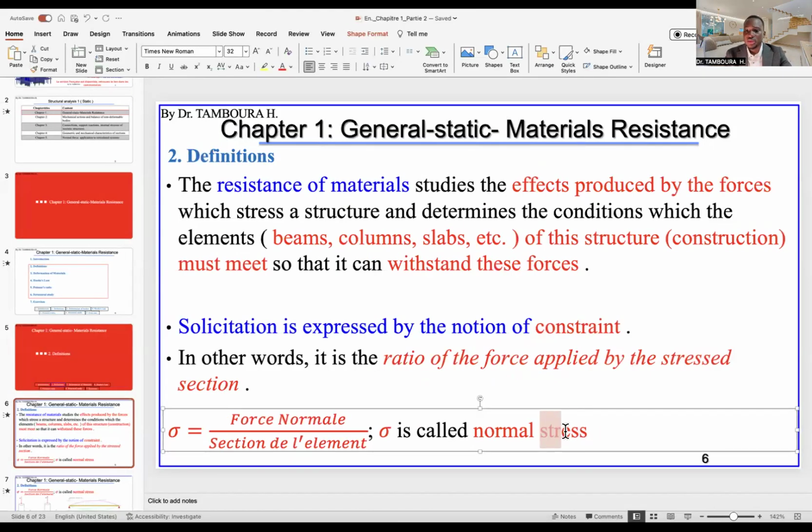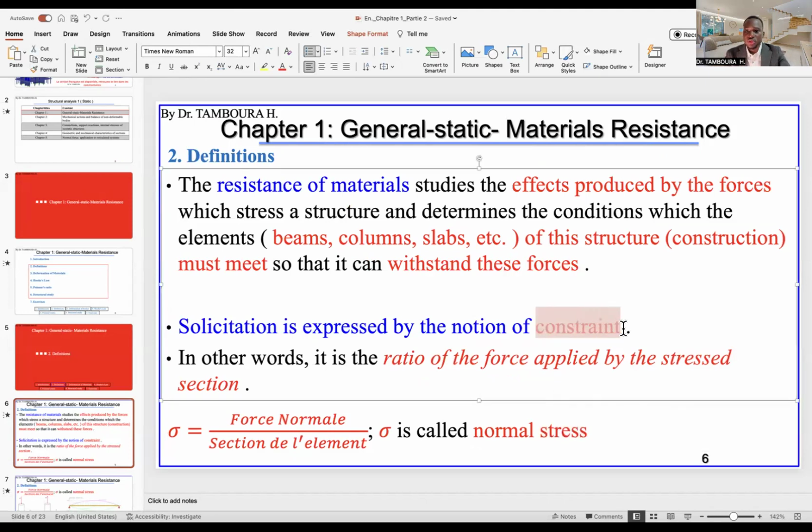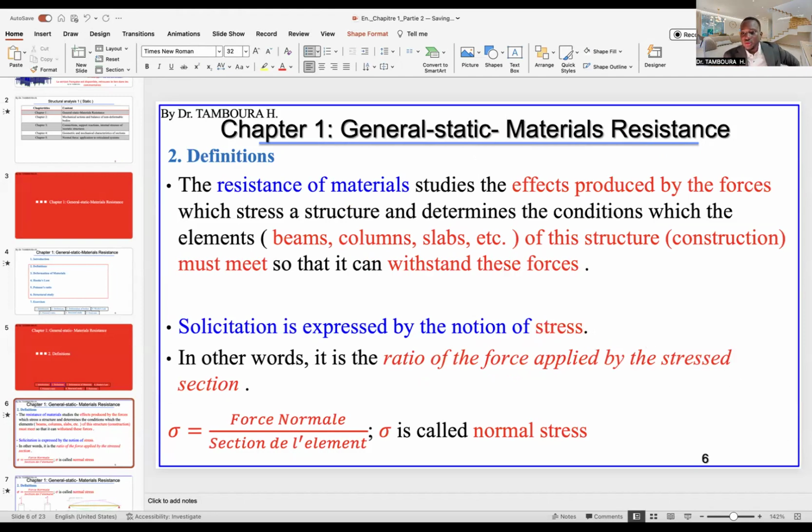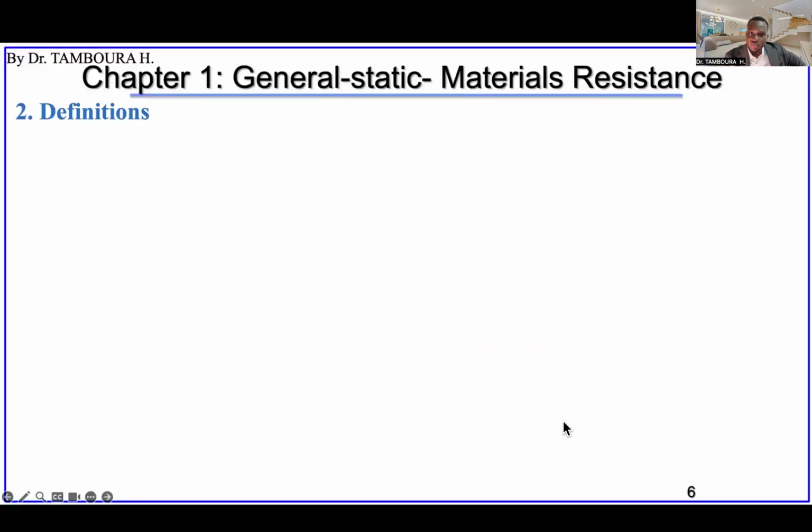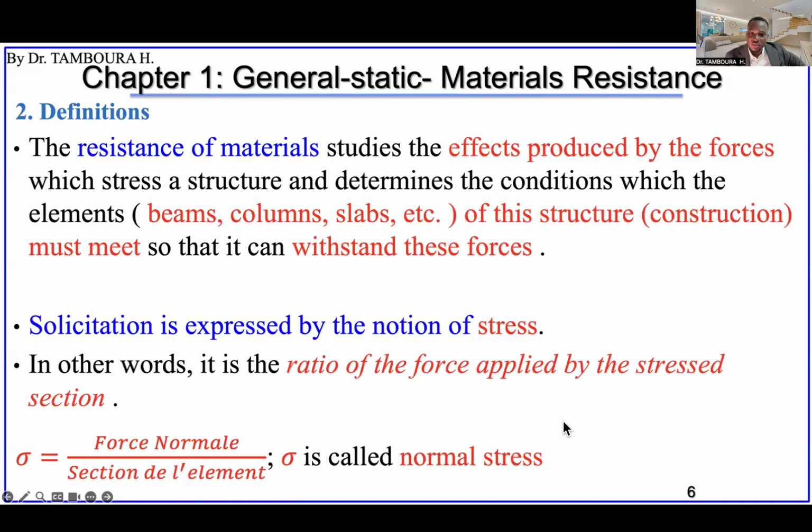Normal stress is when you take the normal force and divide by the section. We prefer to work with stress than force, so that's why the definition of stress is very, very important here. You should understand, the sigma here is normal stress.